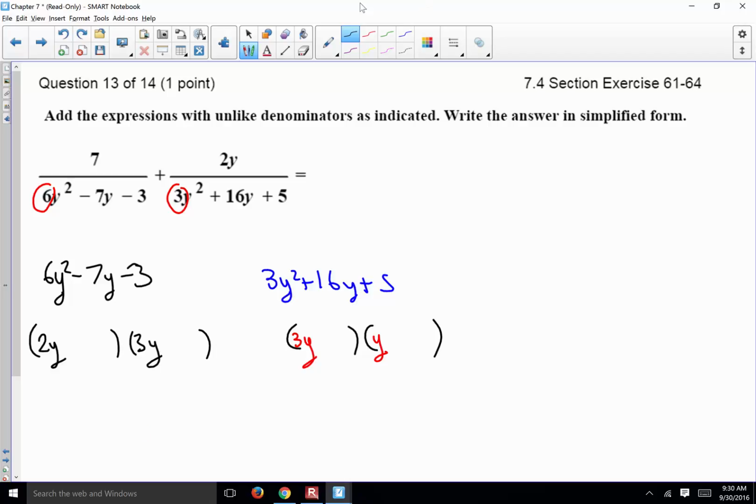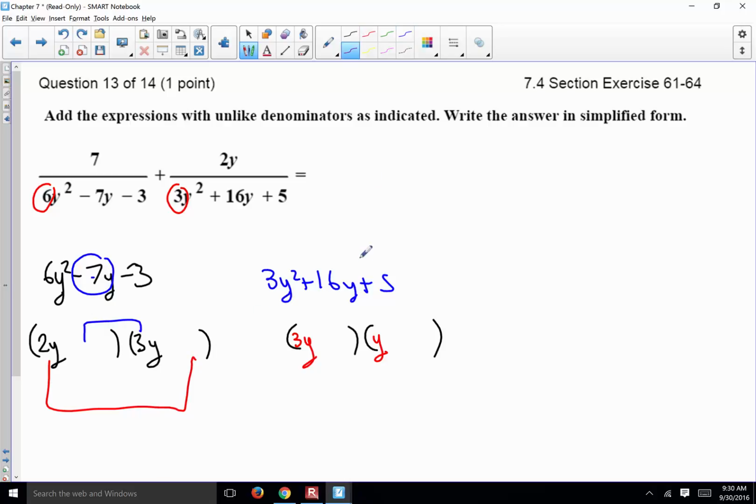Okay, here is the test you're going to do. When you multiply the last terms, and when you multiply the inside terms and add the blue and red results, it needs to match minus 7y. That's the test you're going to do. Pick 2 numbers here, multiply insides, multiply outsides, add, get minus 7y.